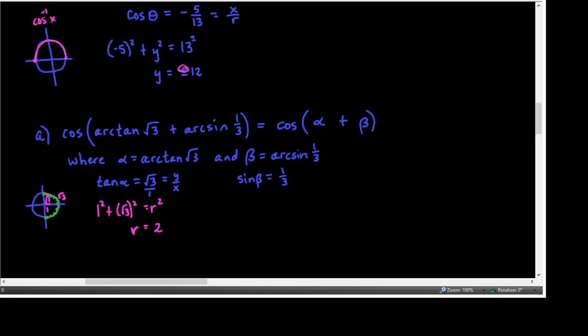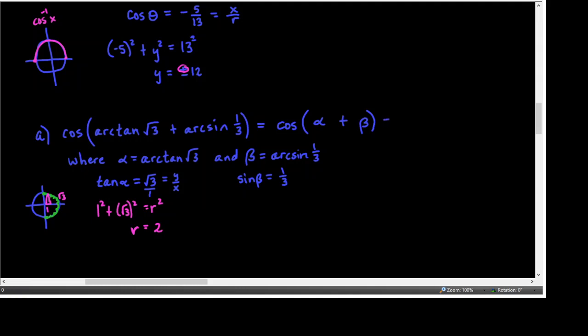And you might actually know what angle that is that produces those two values, 1 and square root of 3. But keep in mind, we're not solving for alpha. Our final answer is what is the cosine of alpha plus beta. So please be aware that you want to do this correctly. Okay, so we're not actually solving for alpha here. So r is 2. Okay, let's go back to the original problem for a minute.